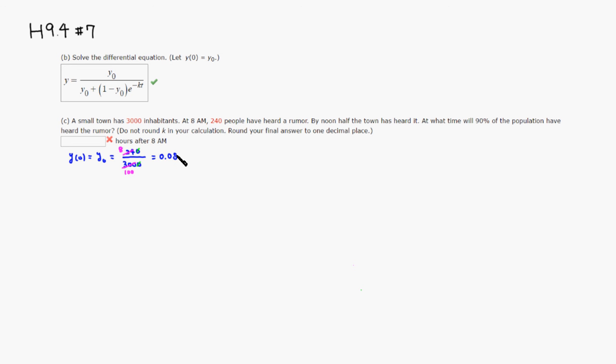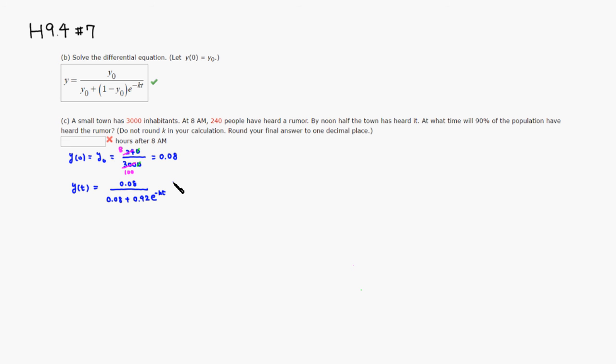So we have y of t equal to 0.08 over 0.08 plus, 1 minus 0.08 would be 0.92, e to the negative kt.